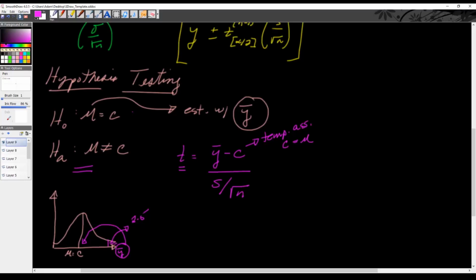So very quickly, if the population is normally distributed with mean mu, we can reject the null hypothesis that mu is equal to c in favor of the alternative hypothesis that mu does not equal c by setting the probability of a type 1 error equal to alpha.